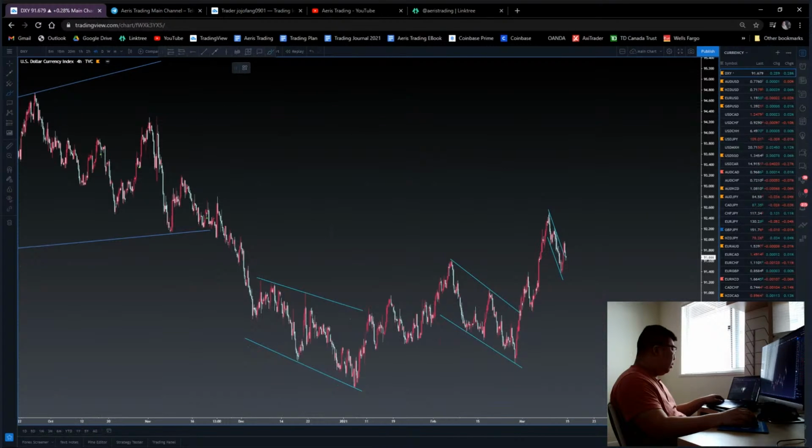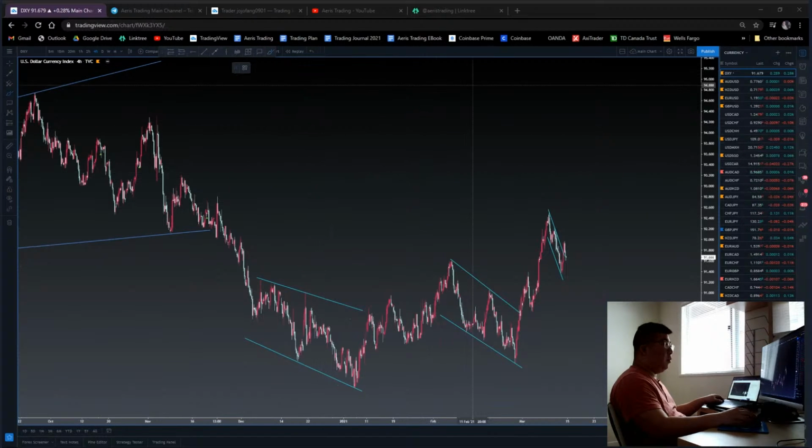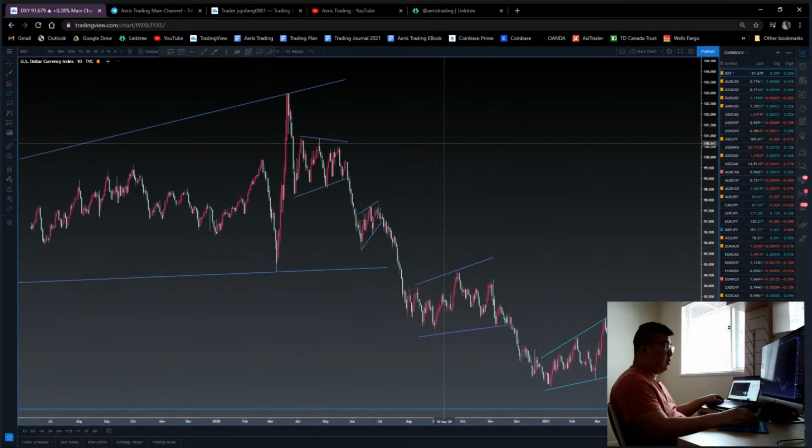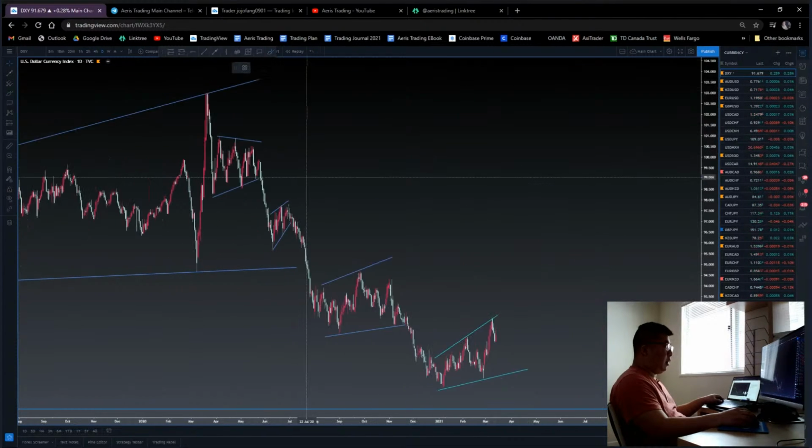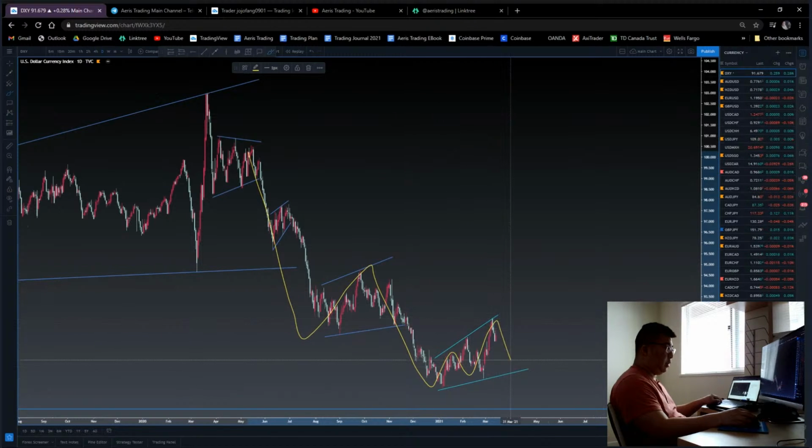Last week in my stream, I talked about how the dollar can be seen going in both directions. From a higher time frame basis, if we follow what the price action is doing, impulse, correction, impulse, it looks like we're forming a potential correction to go lower.